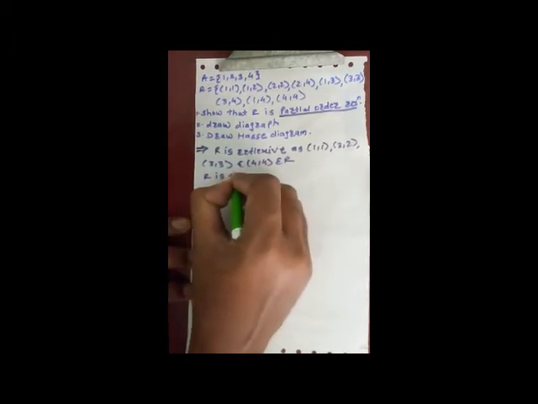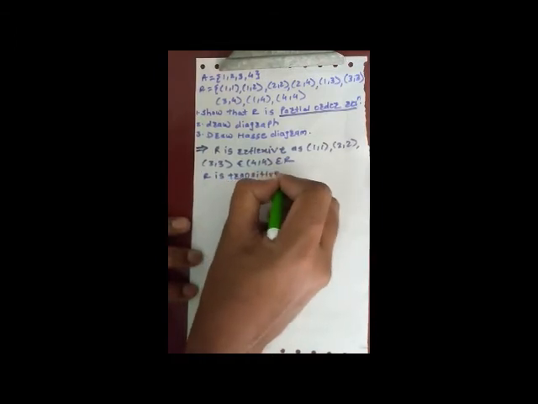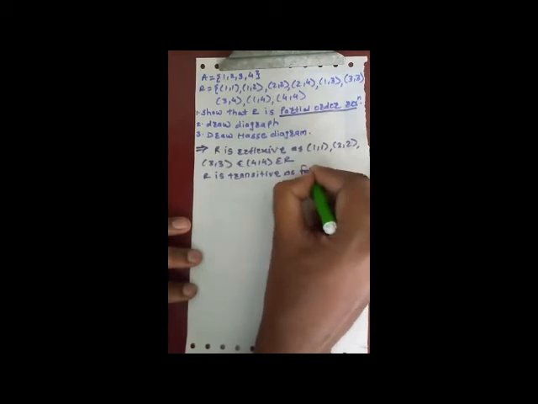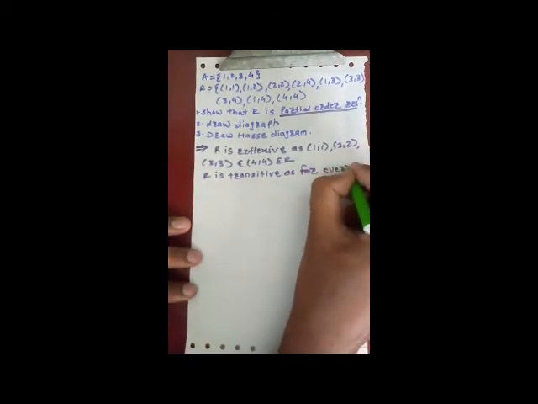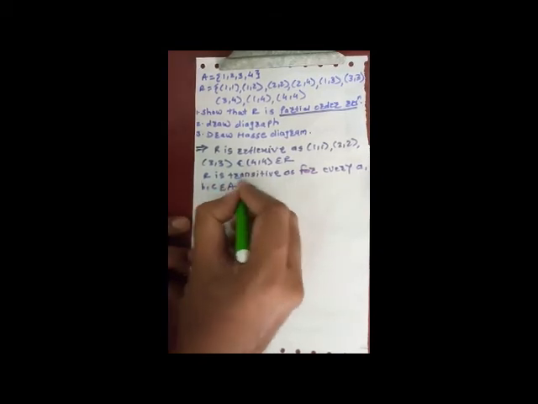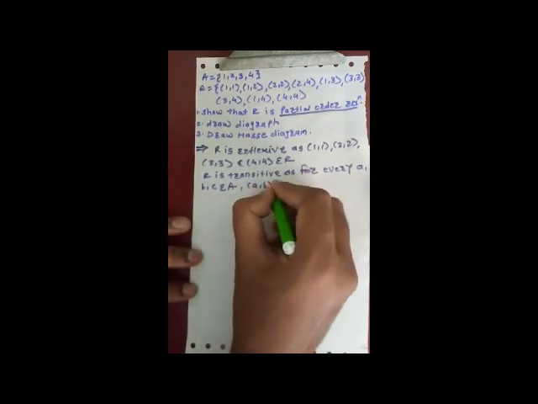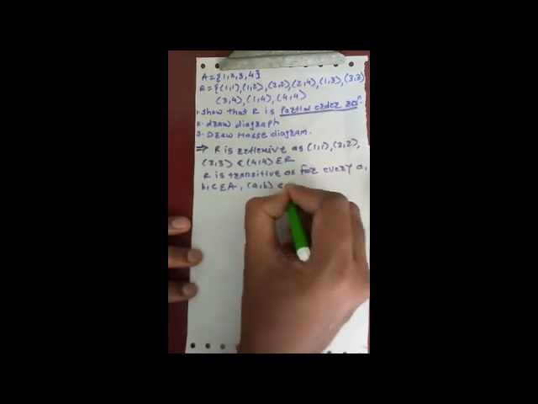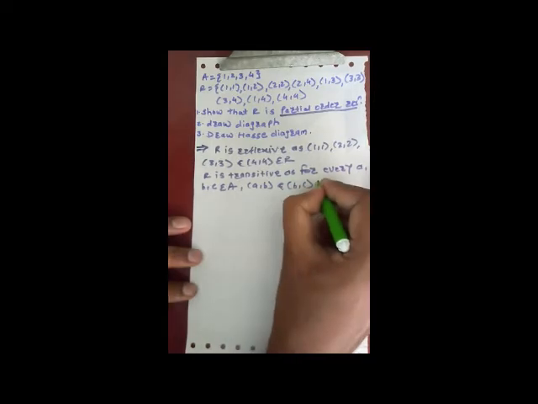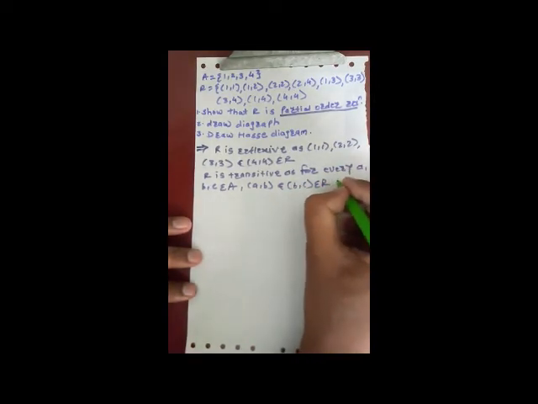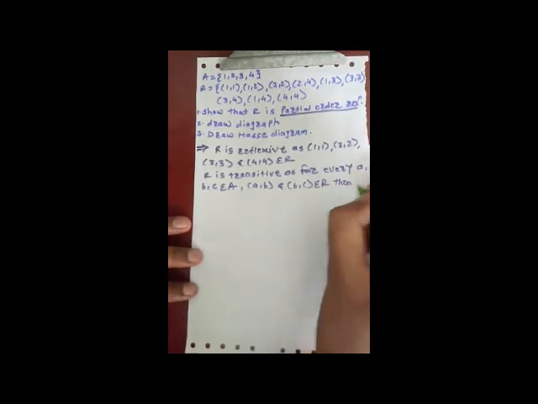Second, R is transitive, as for every a, b, c belonging to A, if (a, b) and (b, c) belong to R, then (a, c) also belongs to R. So it is transitive.